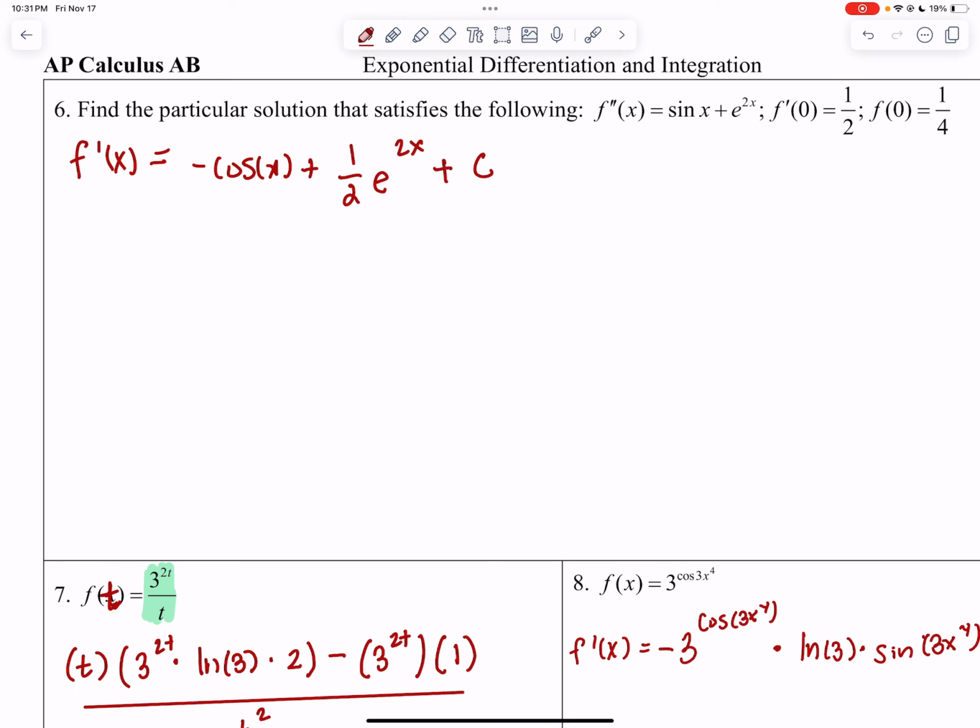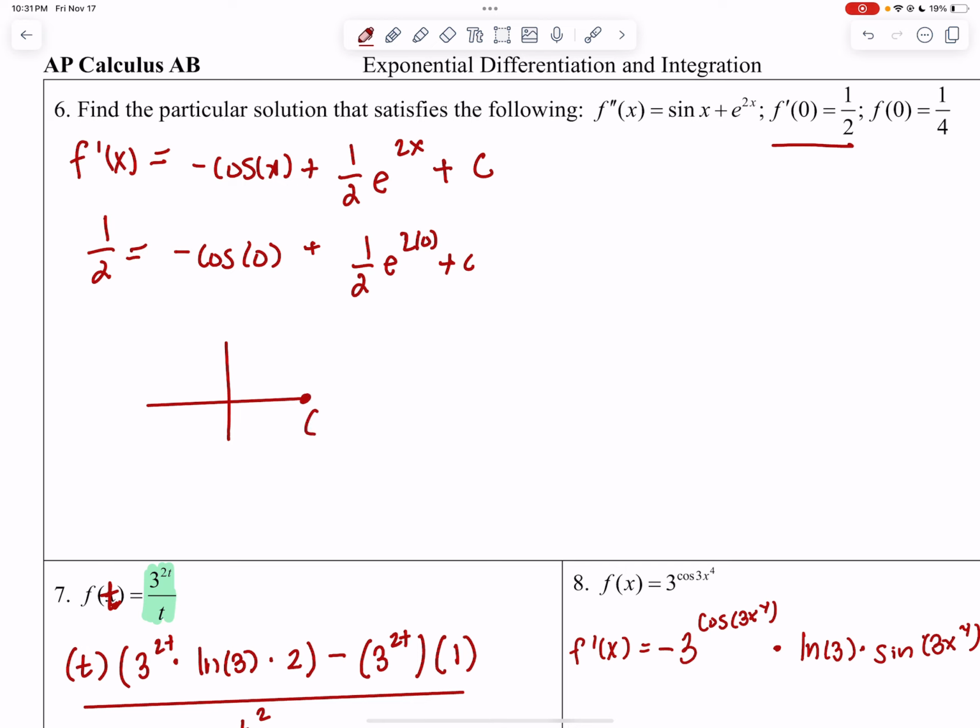You are going to solve for c given that f prime of 0 is 1/2. So you know that this is going to be 1/2. And then you have negative cosine of 0 plus 1/2 e to the 2 times 0 plus c. Now, if I were to think about cosine of 0, remember that cosine is right here, and that's going to be 1.